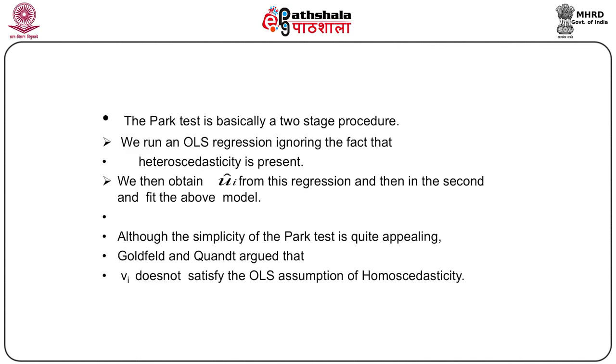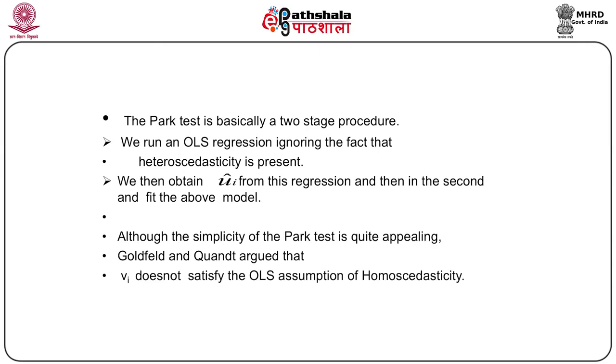Hence, the Park test is basically a two-stage procedure. In the first stage, we run an ordinary least square regression ignoring the fact that heteroscedasticity is present. We then obtain hat ui, where hat ui denotes the estimates of the residuals from this regression, and then in the second stage, we fit the above regression model using log of hat ui square as the dependent variable and the covariate xi.